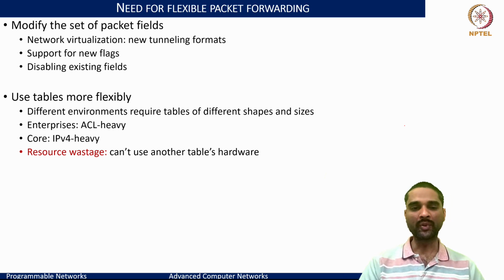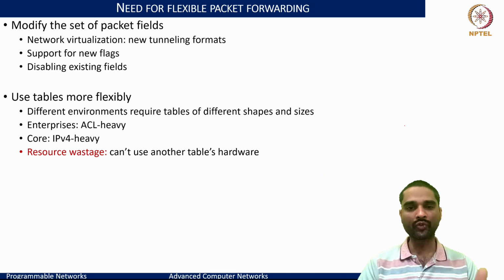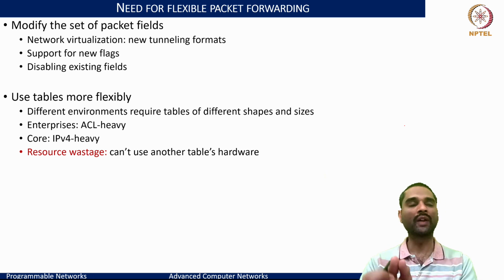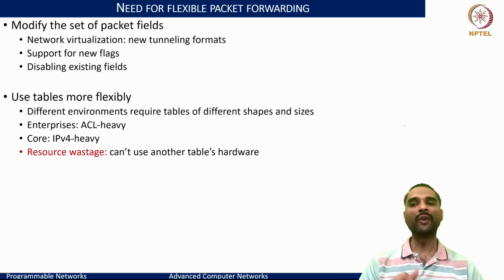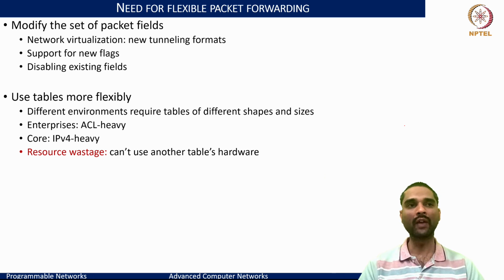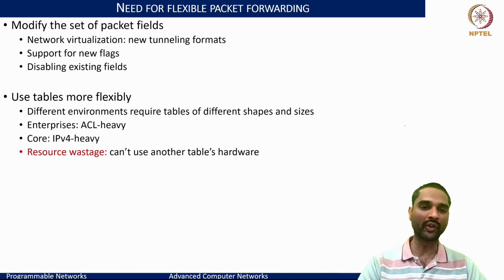Especially when we look at campus or enterprise networks, they are really more particular about access controls in terms of which flows should be permitted, which flows should be denied, and what actions need to be taken in each of these access control modes. But core networks are really heavy on just forwarding based on the IPv4 or IPv6 headers.